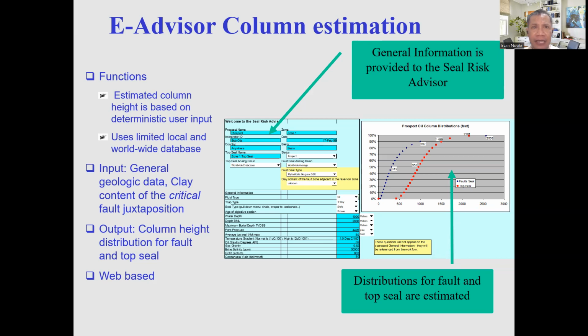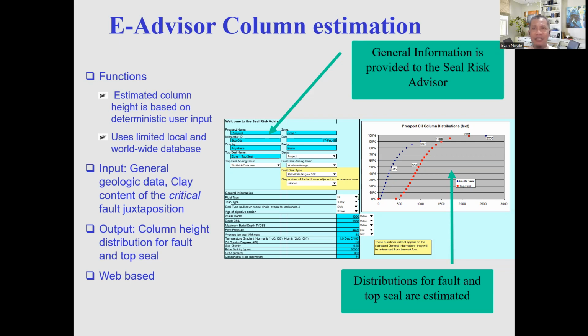It's explained that the estimated column height is determined based on the user input and utilizes a limited local and worldwide database. The tool takes general geologic data and the clay content of the critical fault juxtaposition, and provides the output column height distribution for the fault and top shale. It is a web-based tool called Shale Risk Advisor.